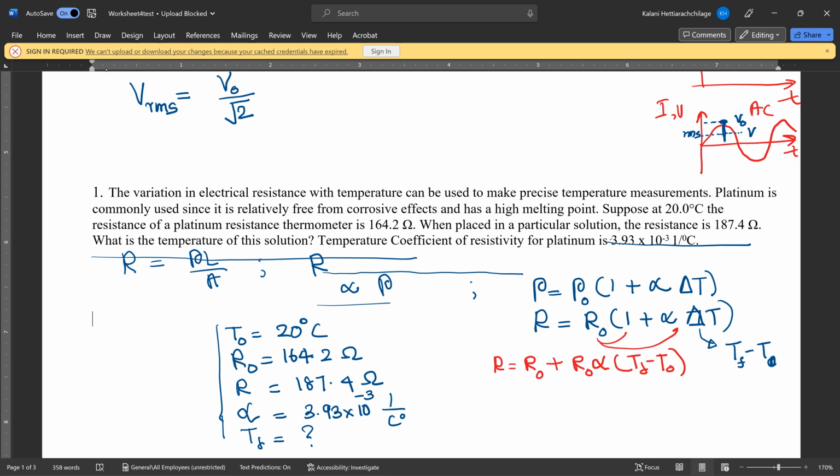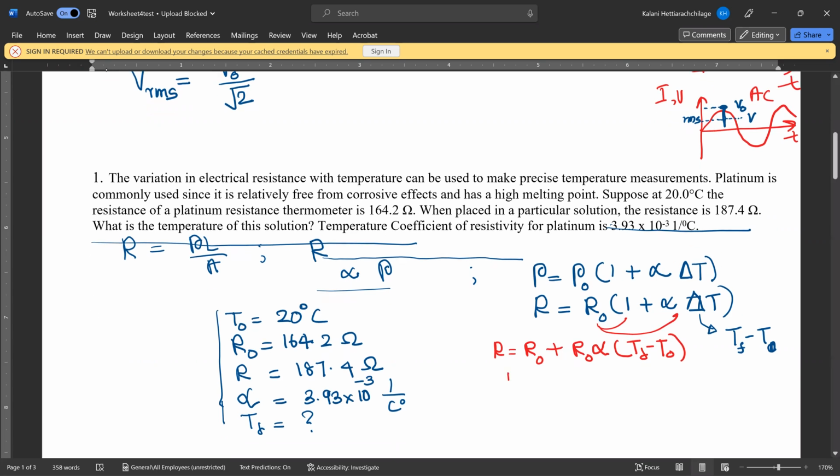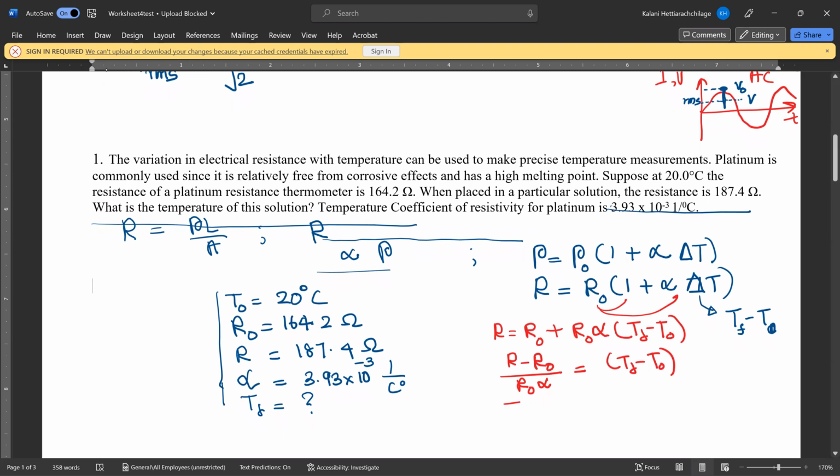Then I can write (R minus R naught) divided by R naught alpha, and you are left with T final minus T initial. To solve for T final, I need to add T naught to both sides. So T final equals T naught plus (R minus R naught) divided by R naught alpha.